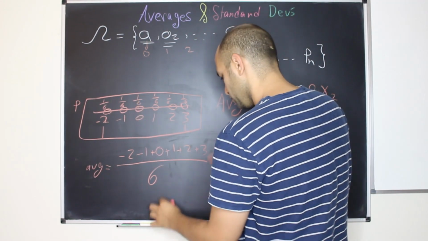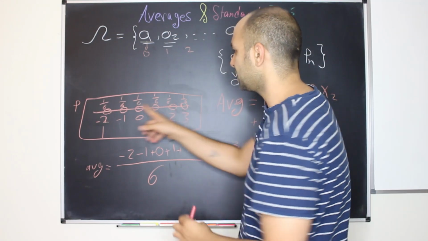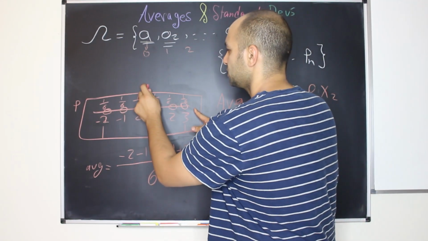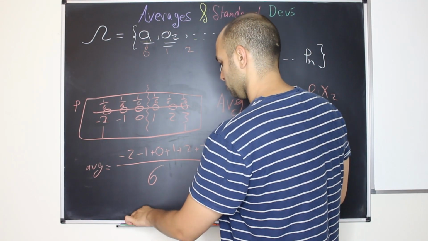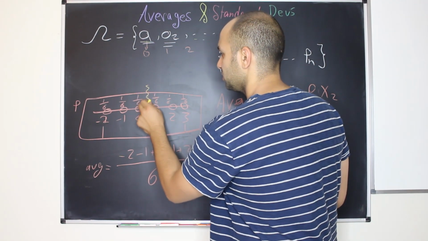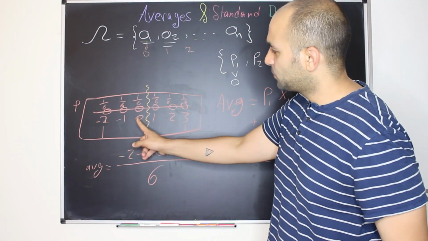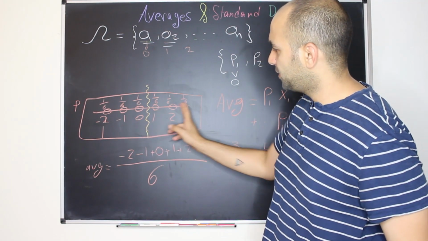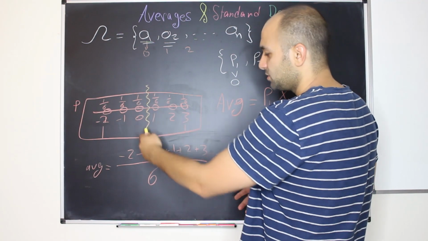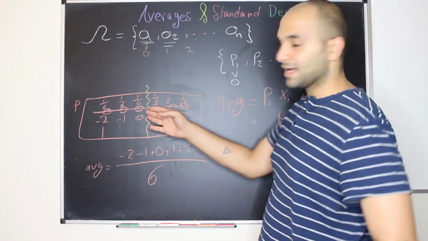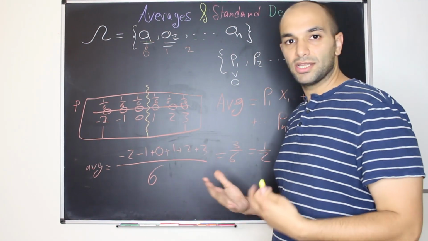You notice that the center of this distribution is here, in a different color. The center is between 0 and 1, because there are 3 on this side, 3 on this side. So the center is 1/2, and that's the average. And that's actually what the average is.